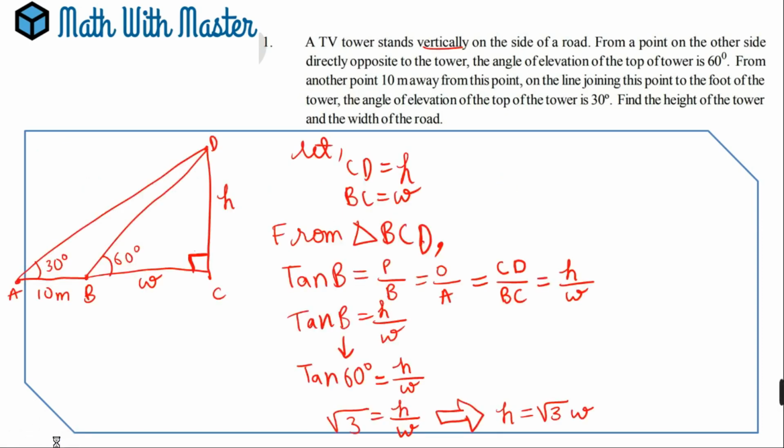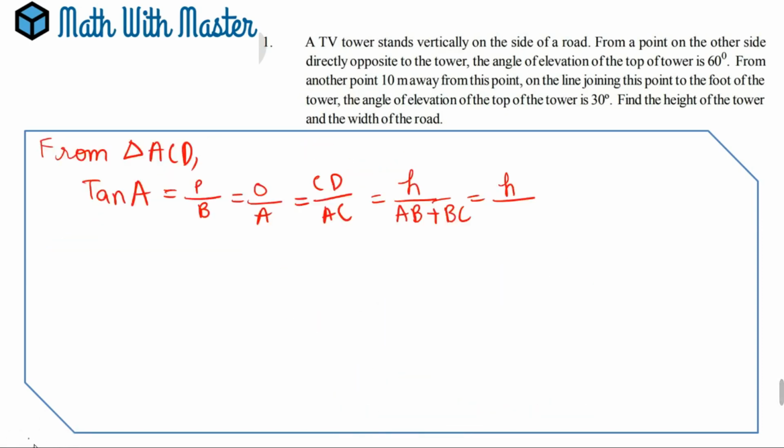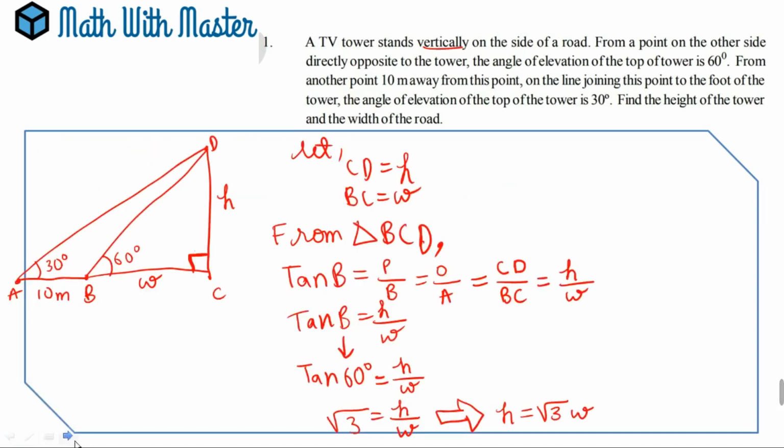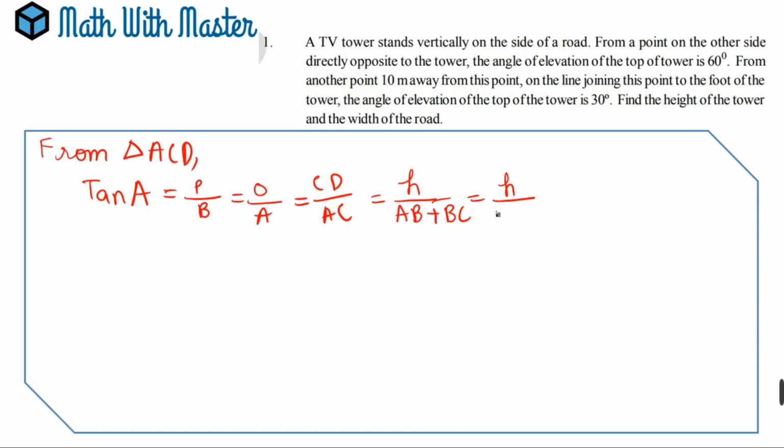AB is 10 meters and BC is W. So this is 10 plus W. So our tan A is equals to H upon 10 plus W.